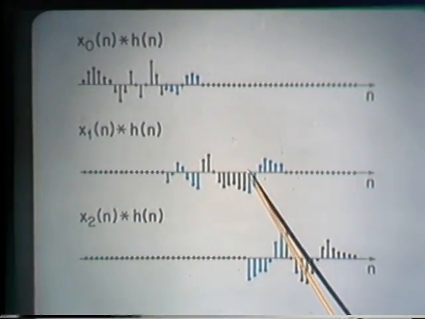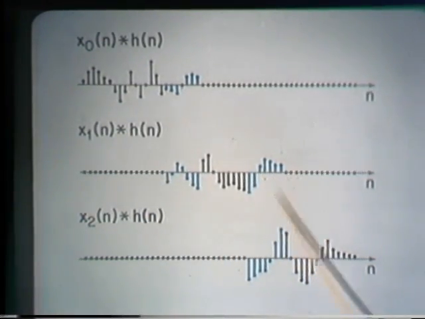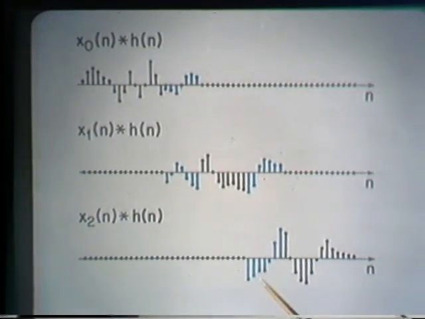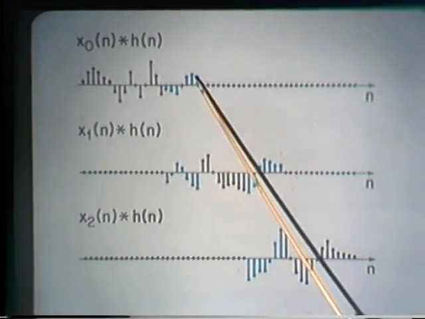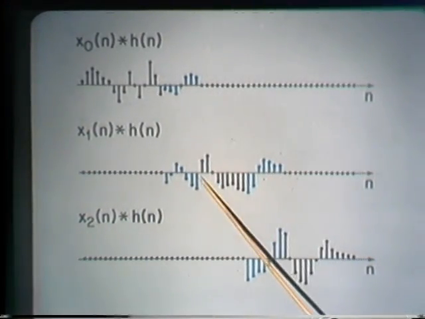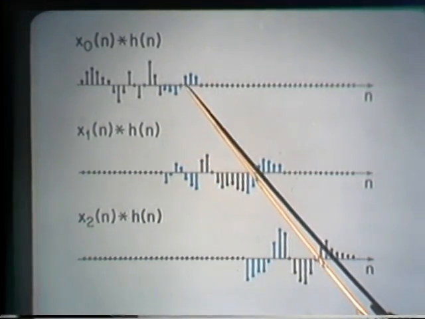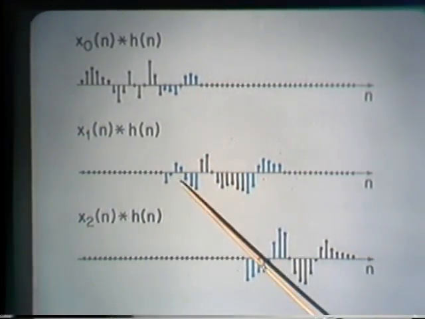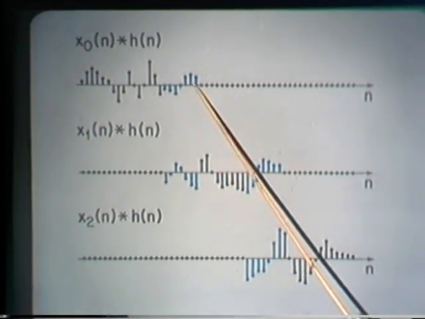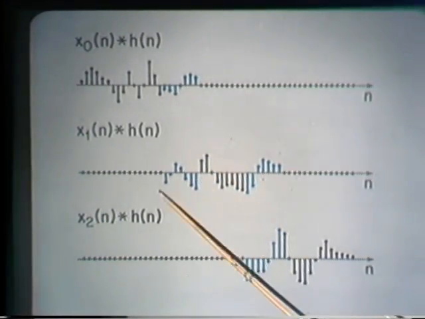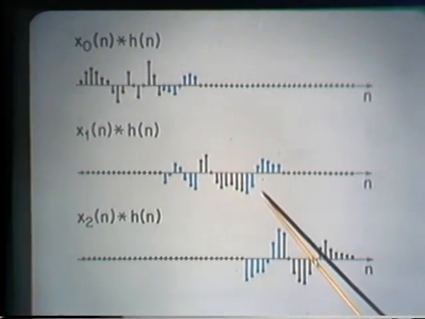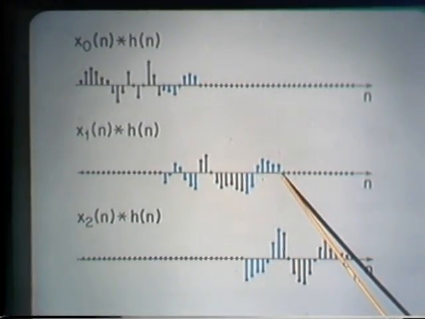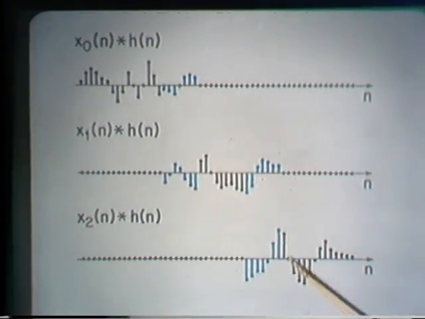Likewise, there are m minus 1 points at the tail of this one that overlap into the first m points here, so that when we add up the output subsequences, what we have is an overlap between the tail of this section and the beginning of this one, since this starts at L and this runs longer than L. Similarly, an overlap from the tail of this into the beginning of this one, and that continues on.